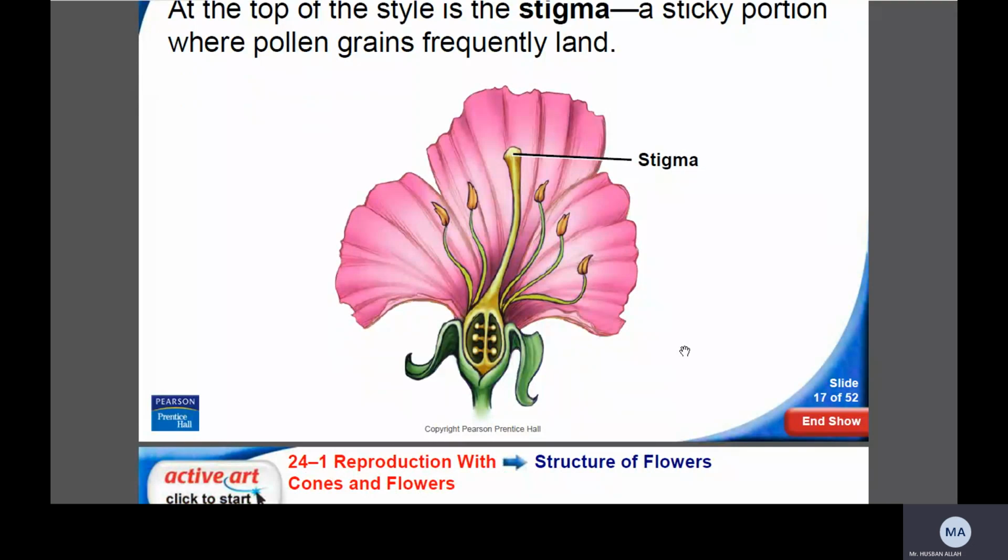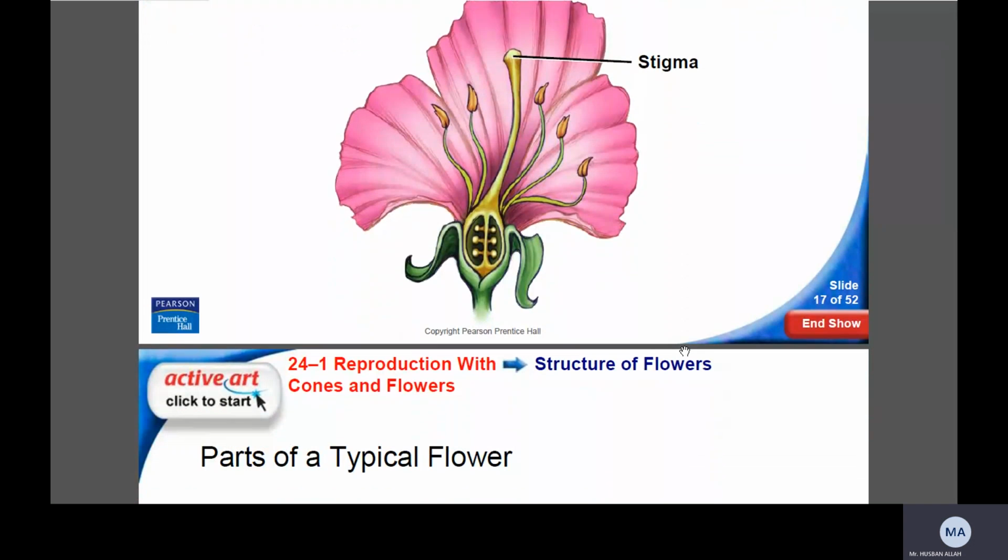Here we have two, because this makes the plant different from the bryophytes. This is the only reason which makes it successful. They do not need water for fertilization. Its fertilization can occur without water.